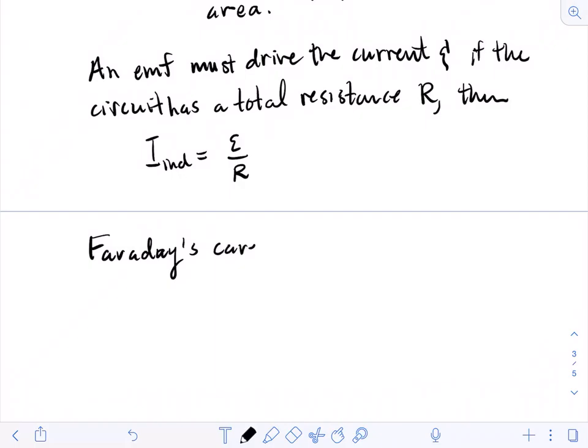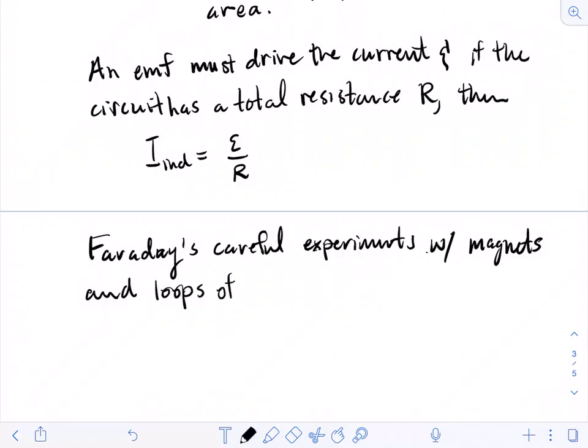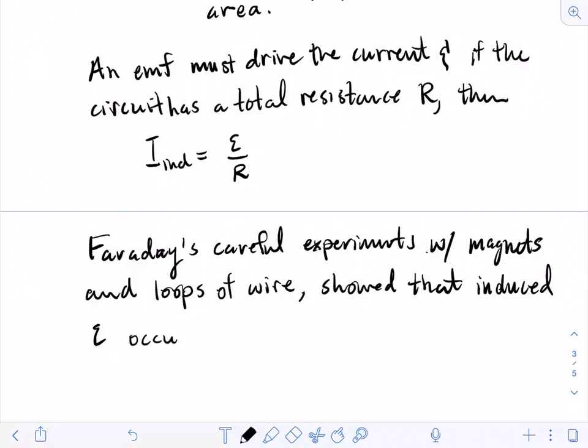Faraday's careful experiments with magnets and loops of wire showed that the induced EMF occurred whenever the magnetic flux through the loop changed.